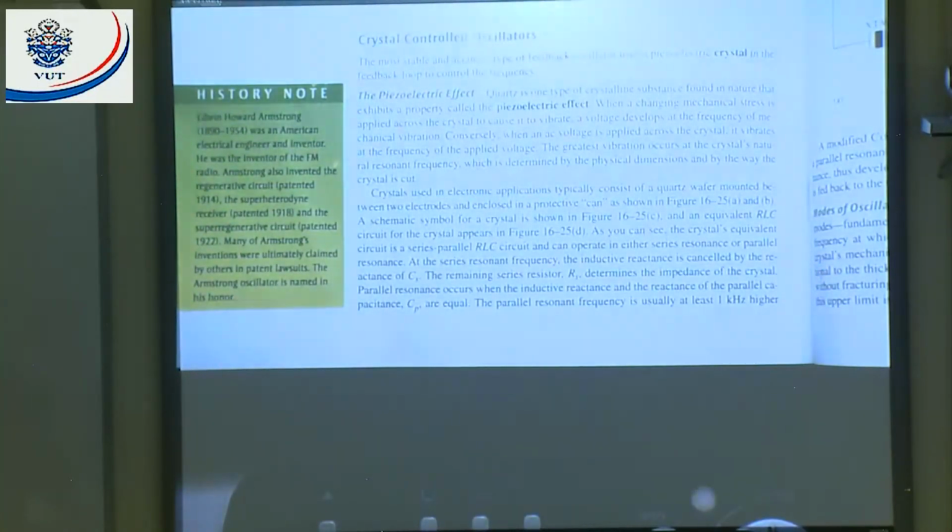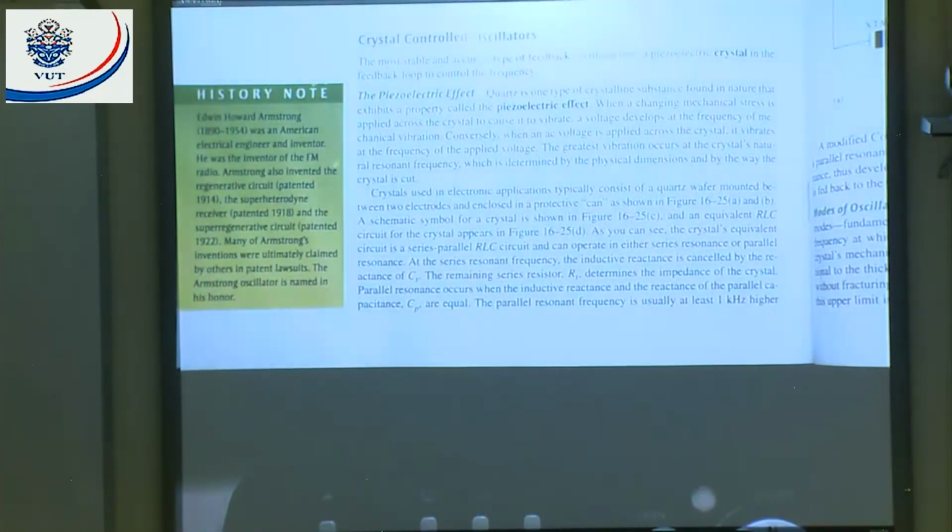As you can see, the crystal equivalent circuit is a series-parallel RLC circuit and can operate in either series resonance or parallel resonance. At the series resonant frequency, the inductive reactance is cancelled by the reactance of C3.